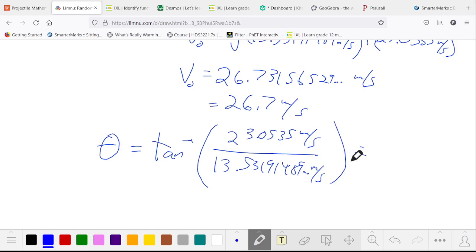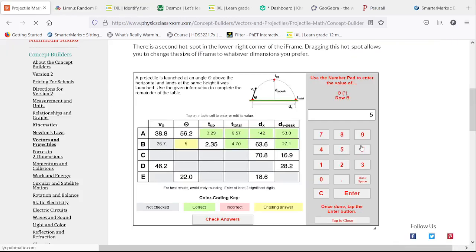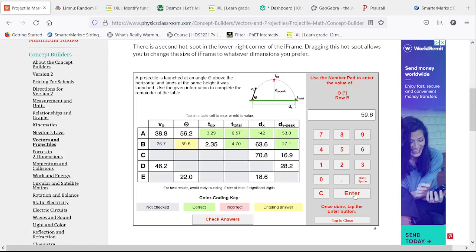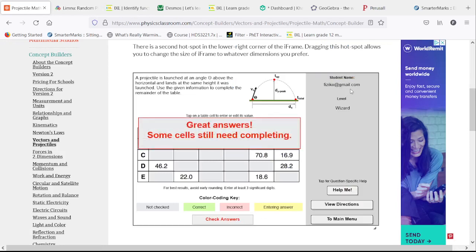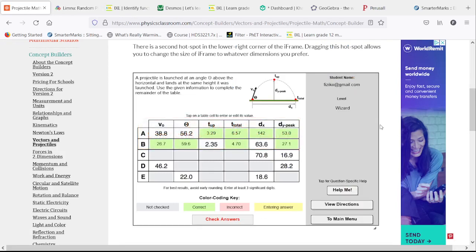So that is the inverse tan of the 23.05 divided by the 13.5 works out to 59.6 degrees. All right, that solves problem 2.